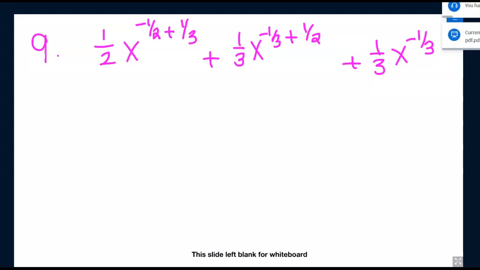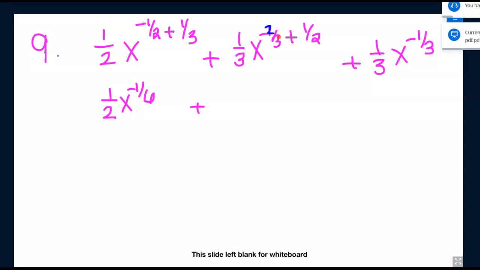So negative 0.5 plus 1/3 is going to give me a fraction with a base of 6. So you get 1/2 x to the negative 1/6. And then same with here. Technically, these fractions need to have bases of 6. So you multiply the 1/3 by 2.